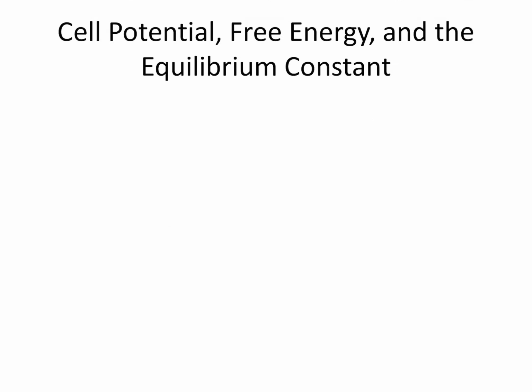Now, talking about cell potential, free energy, and equilibrium constants. We've discussed and learned that a positive cell potential is a spontaneous reaction. And in thermodynamics from Chem 1A, you should have talked about delta G, Gibbs free energy, and how that helps also to determine a spontaneous reaction.